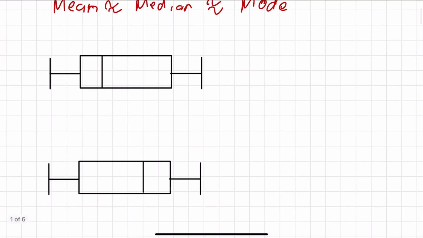This one is the median is more towards the left. So I would call this positive skew. Ignore my scruffy writing. I just want to make sure I get this video out to you guys.